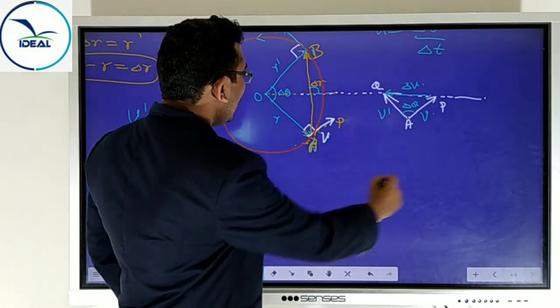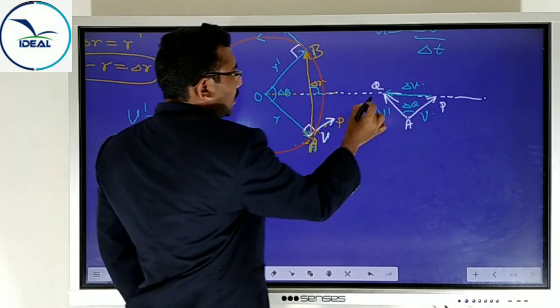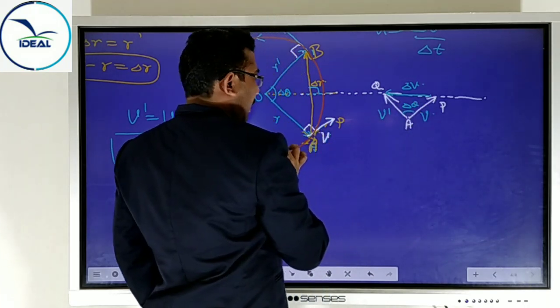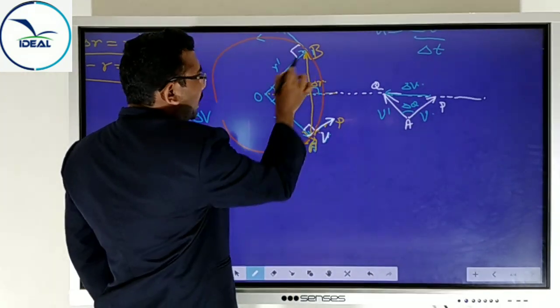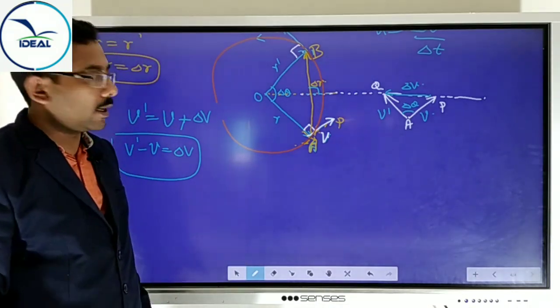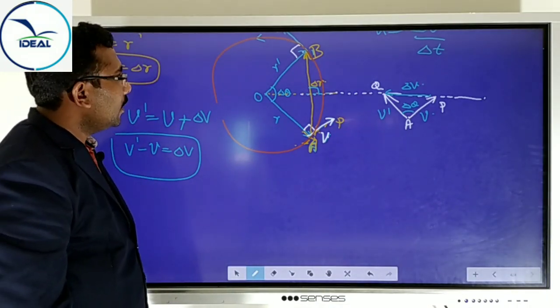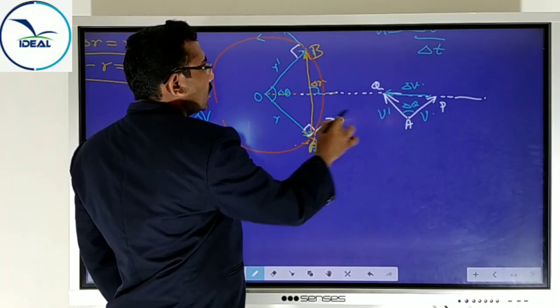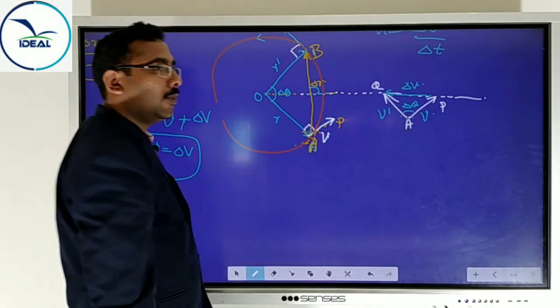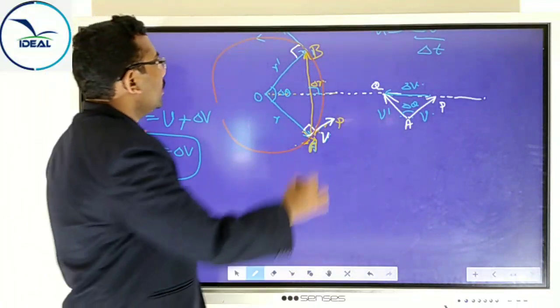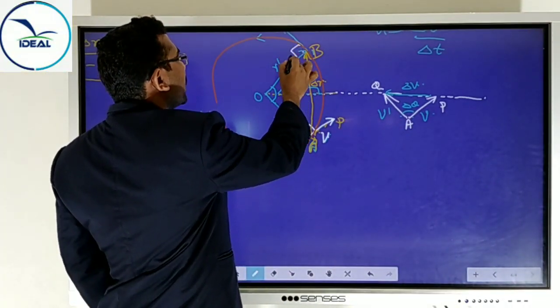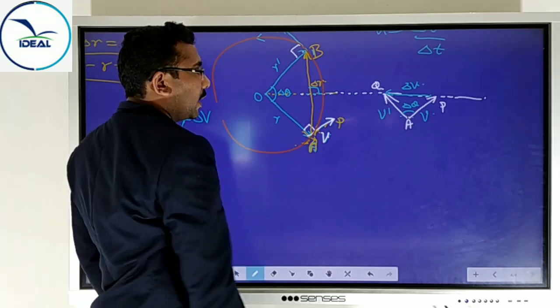Look at these triangles: triangle AQP is one triangle, triangle OAB is the second triangle. The angle between R and R dash, and between V and V dash, is the same. R dash and V dash are perpendicular, and R and V are perpendicular.